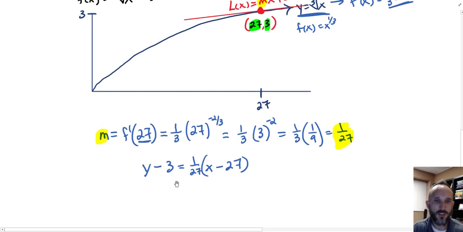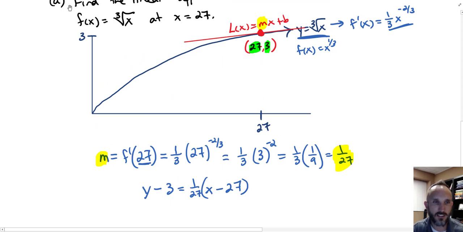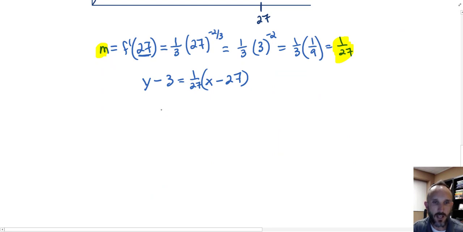Now, this is the equation of our L of x function, understanding that the variable y here represents L of x. All we need to do now is put it into the mx plus b format. So we can distribute our 1/27 and add our 3. We get 1/27 x, minus 1, but plus our 3 is plus 2.